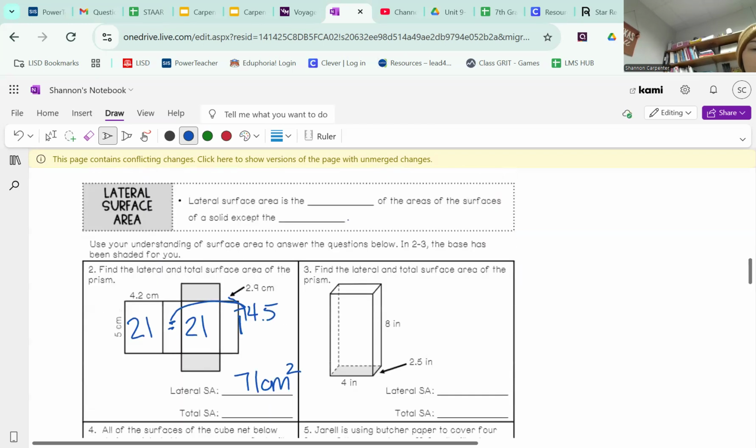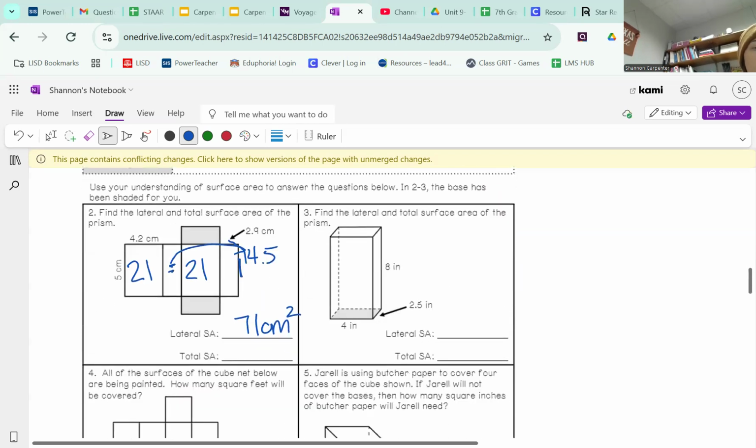So down here, we have that this is 4.2 and this is 5. We still have to figure out what this piece right here is.